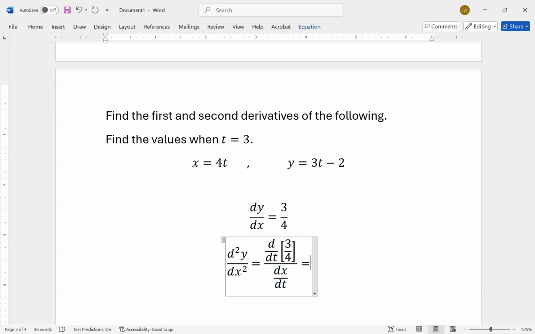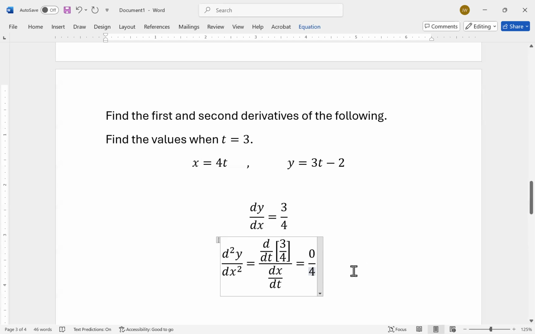Now, in this case, the derivative of 3/4 with respect to t is simply 0. But in the denominator, I would get a 4.